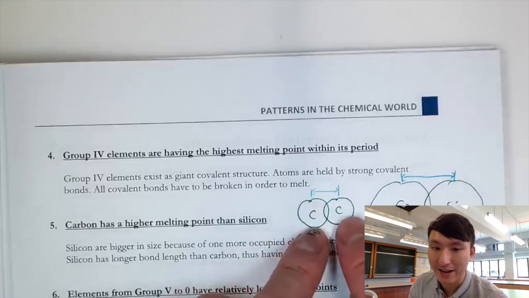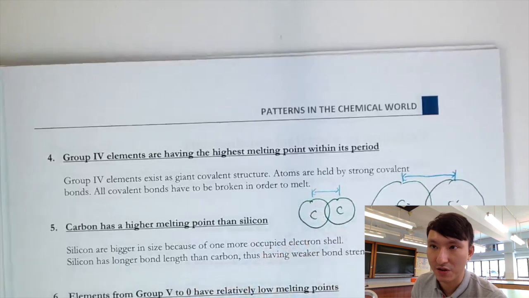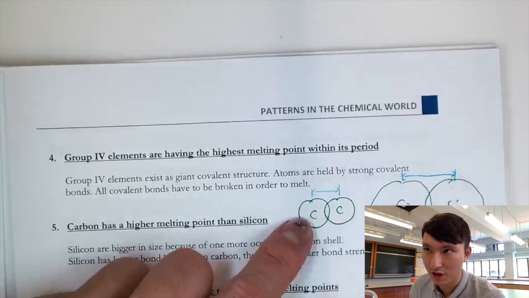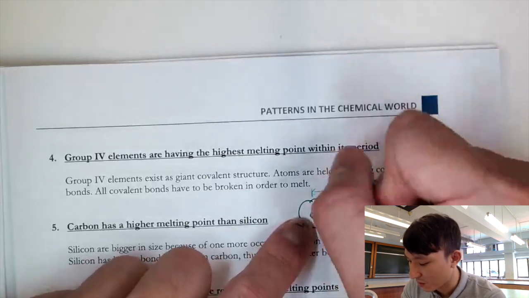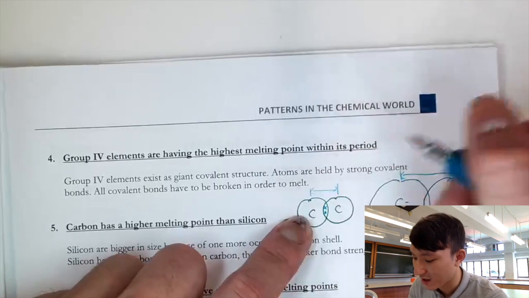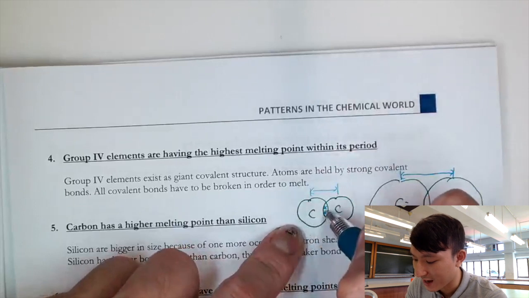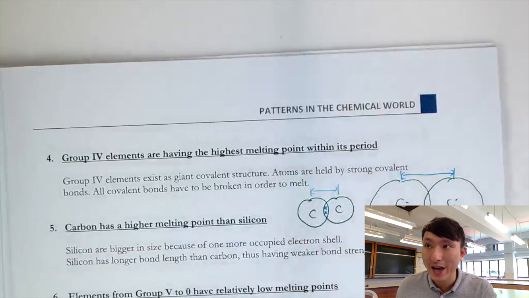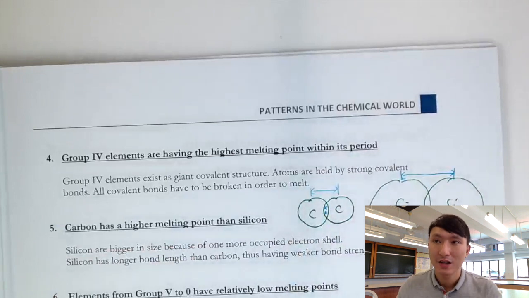Think about two magnets getting closer to each other, then the attractive force will be stronger. But of course, remember, it is not the two nuclei attracting each other, it is the nuclei attracting the bonding electron, right? The nucleus attracts this electron, the other nucleus attracts this electron. So anyway, the shorter the bond length, the stronger the bond strength.